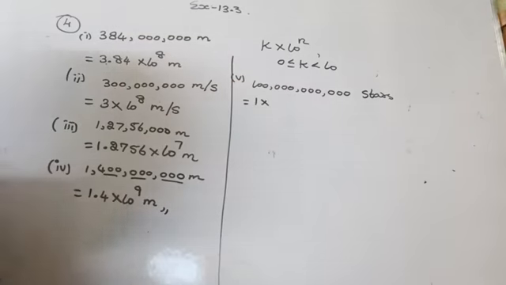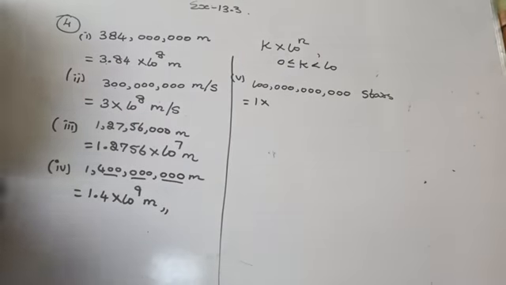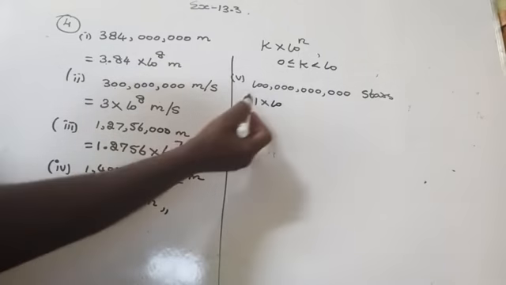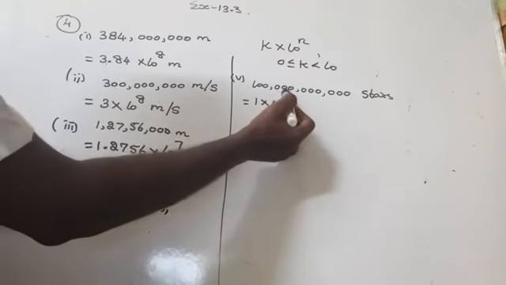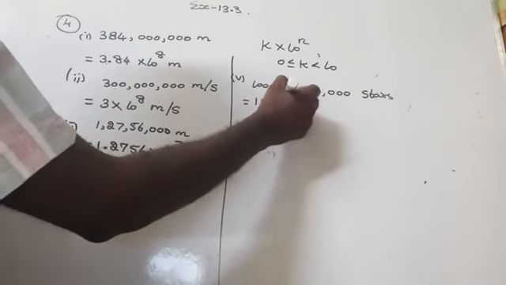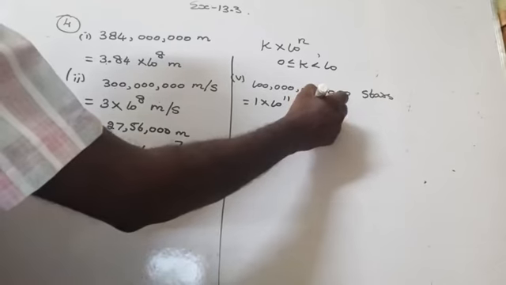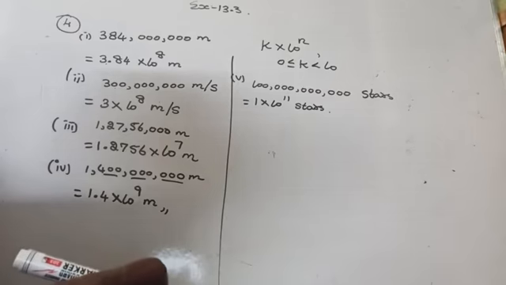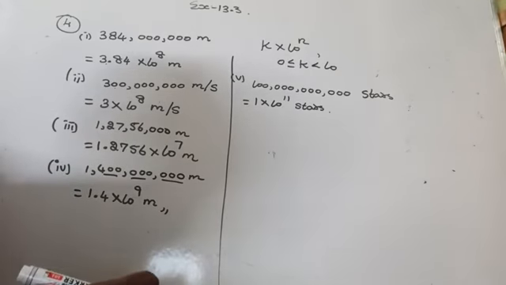You cannot express it as 10 into something, because the value of k should be 0 or more than 0 and less than 10. So 1 into 10 to the power of, after 1 how many digits are there? Here 2, 5, 5 plus 3, 8 plus 3, 11. So 1 into 10 to the power 11 stars. Am I right here? Yes.